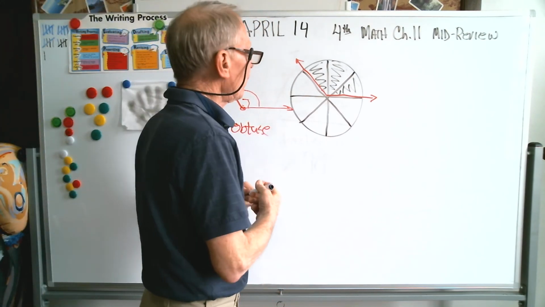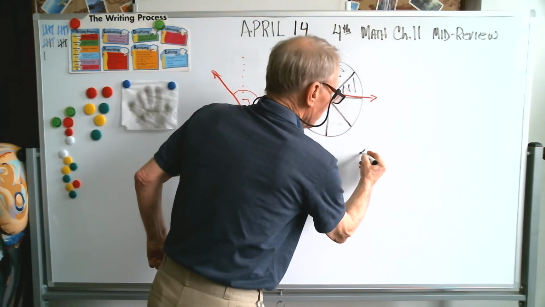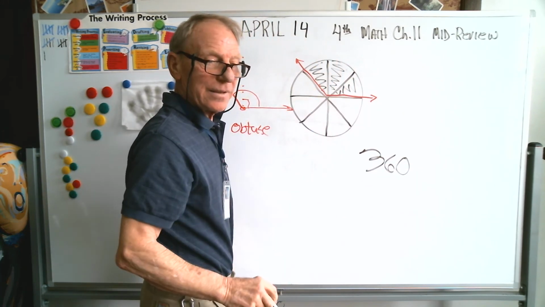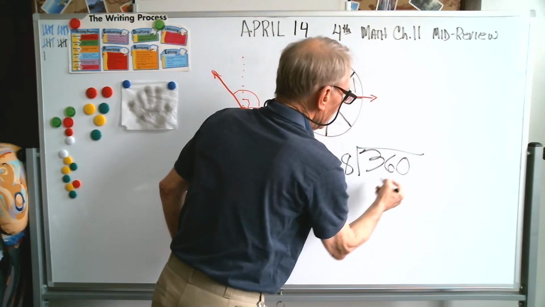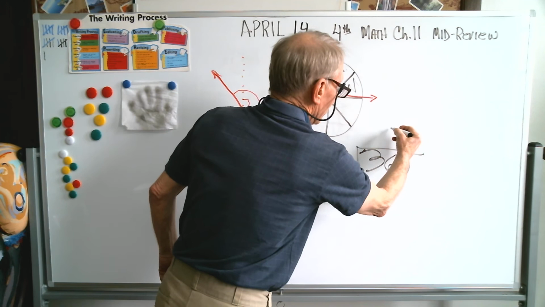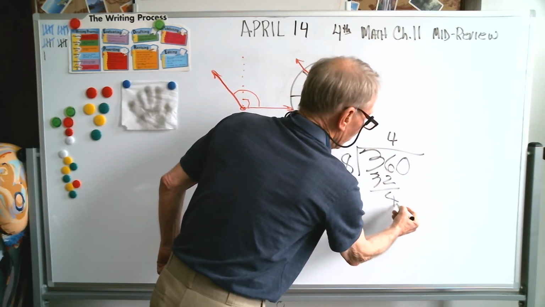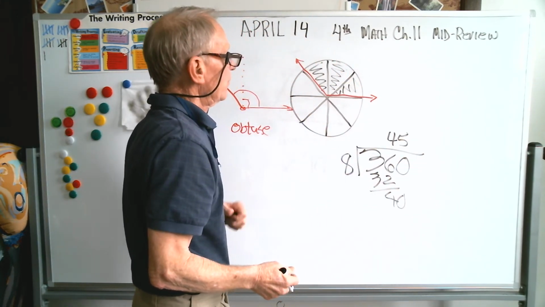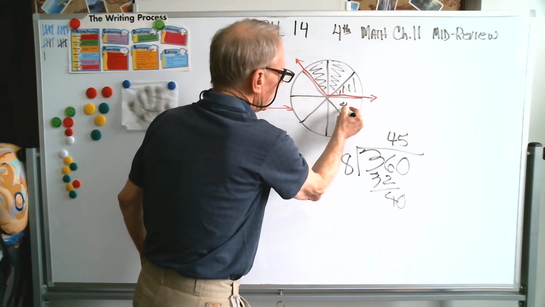There are 360 degrees in a circle, right? And we cut it into 8 pieces, so let's divide it by 8. 8 goes into 36, 4 times is 32, and then 40. So each one of these is 45 degrees.